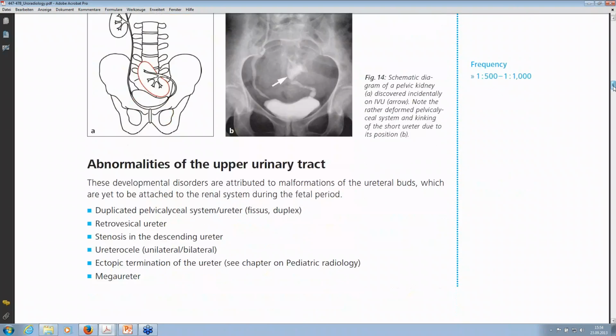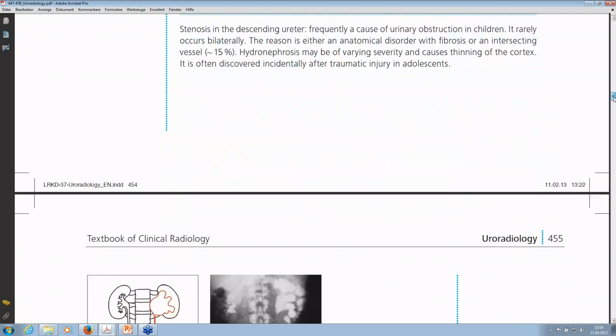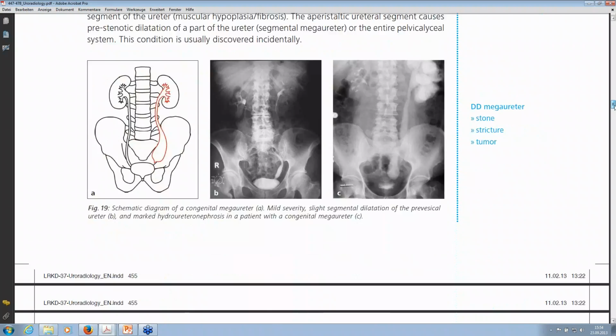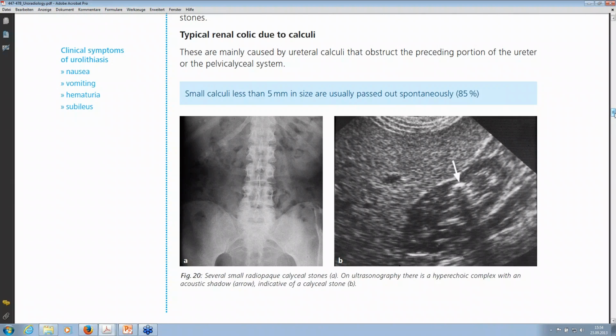We could show you many interesting cases of the variants, hydronephrosis, and we will have another tutorial where we will include stone disease. But as I showed you, angiomyolipomas don't have a shadow.